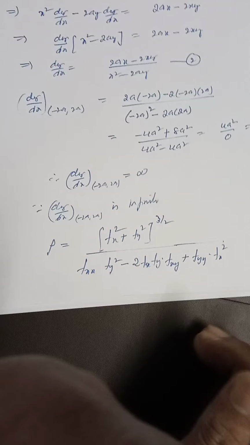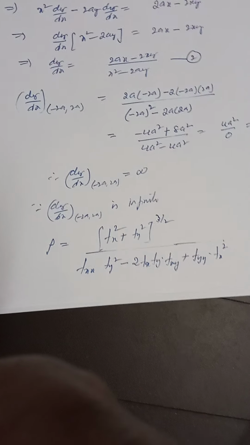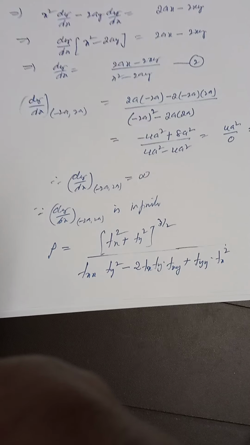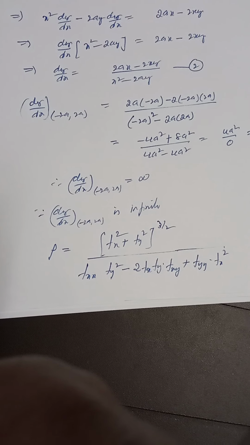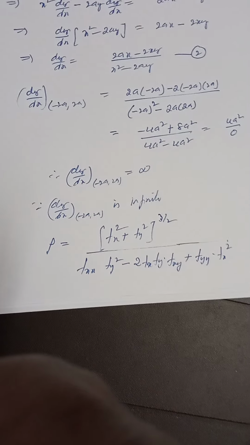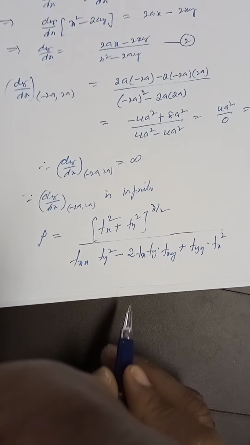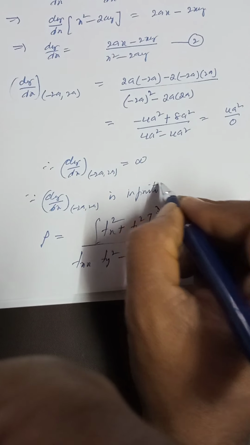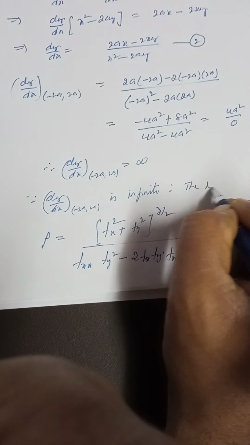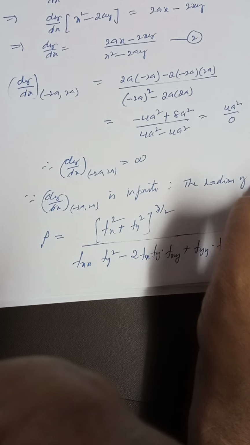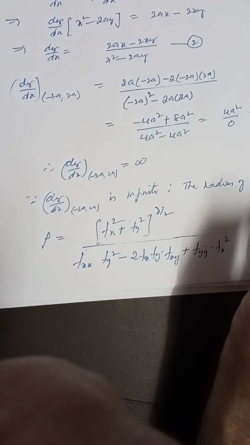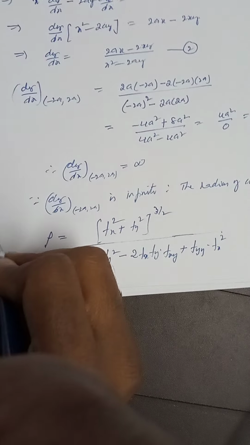If you want to find the radius of curvature and dy by dx at a point is infinity, then we have to apply this formula. Therefore, the radius of curvature is given by this formula.